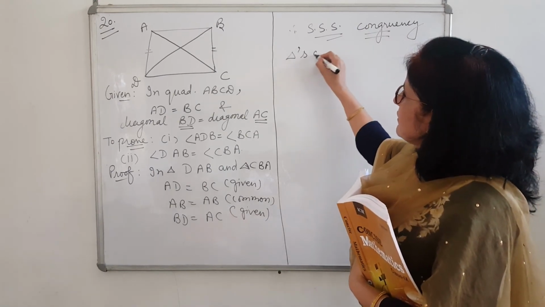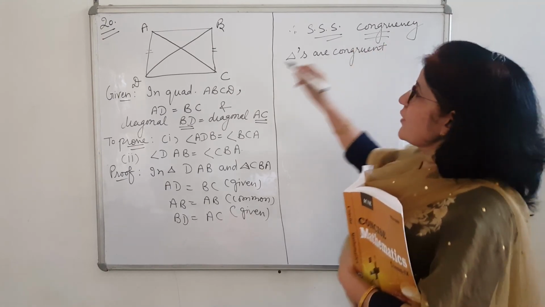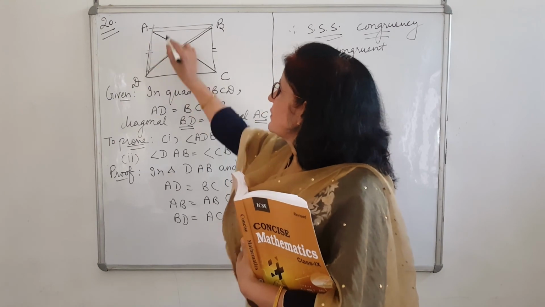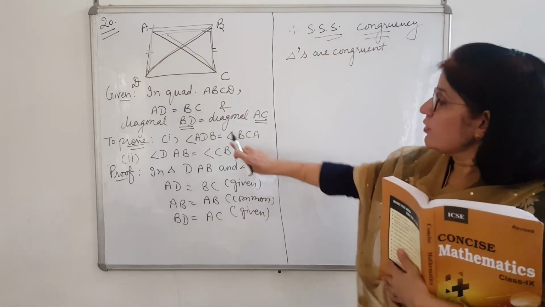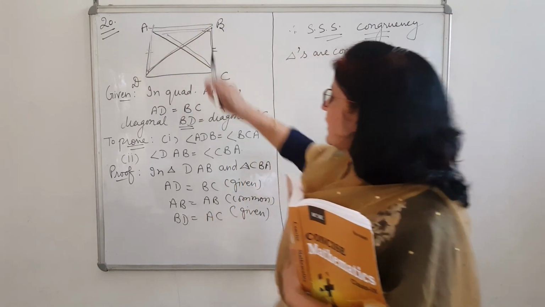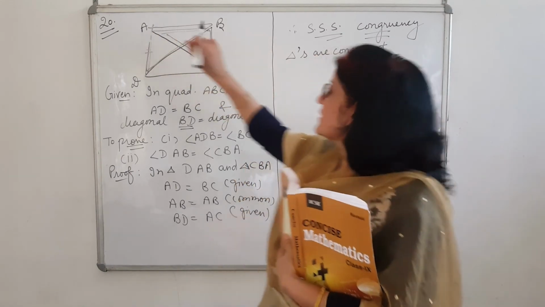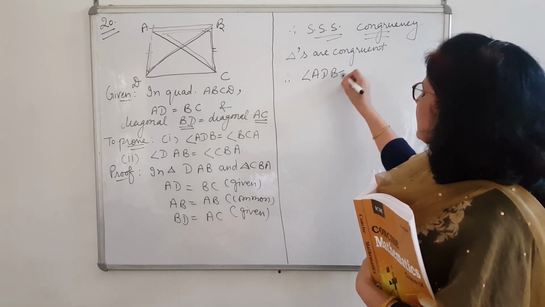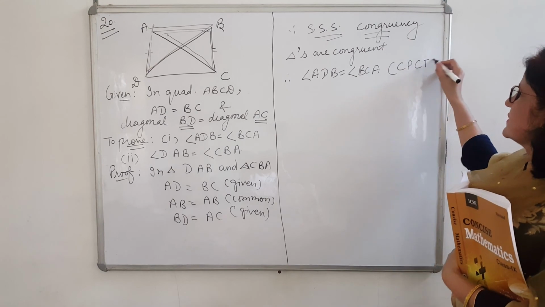Triangles are congruent. Which two triangles have we proved congruent? These two triangles we have proved congruent. Now angle ADB is equal to angle BCA by CPCTC.